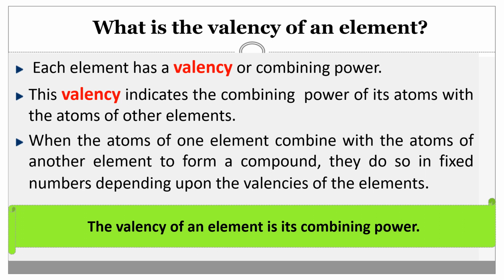When the atoms of one element combine with the atoms of another element to form a compound, they do so in fixed numbers depending upon the valencies of the elements. Thus, we can say that the valency of an element is its combining power.